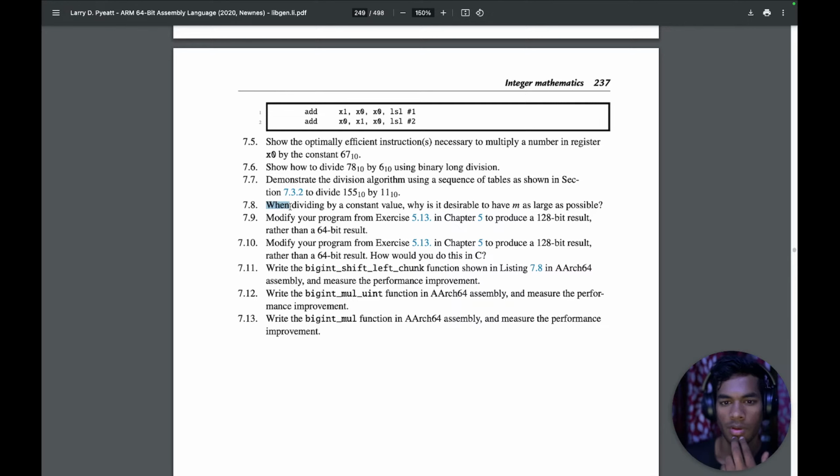When dividing by constant, why is it desirable to have a good idea of how all this works? A single book will not make me understand everything.